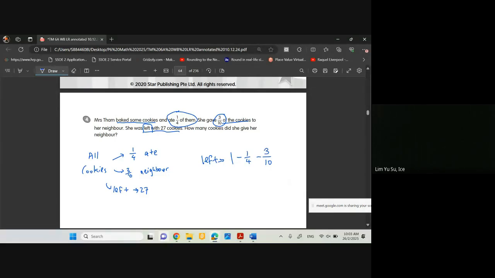So this one is quite straightforward and not so challenging because it's a subtraction equation, that means equivalent fractions will do.